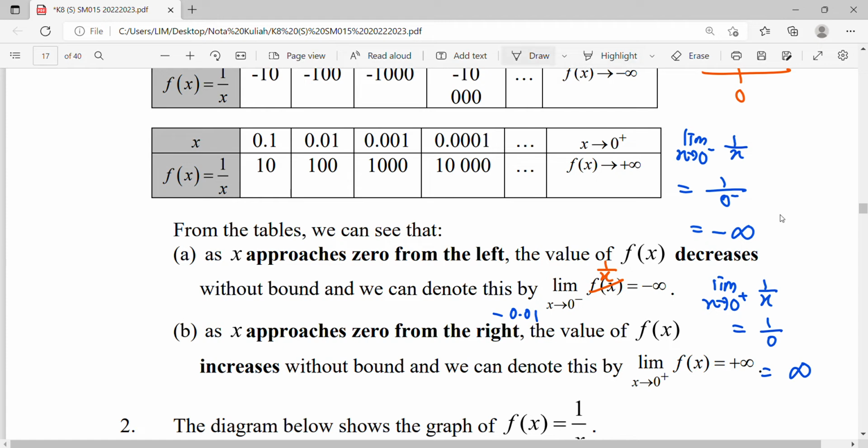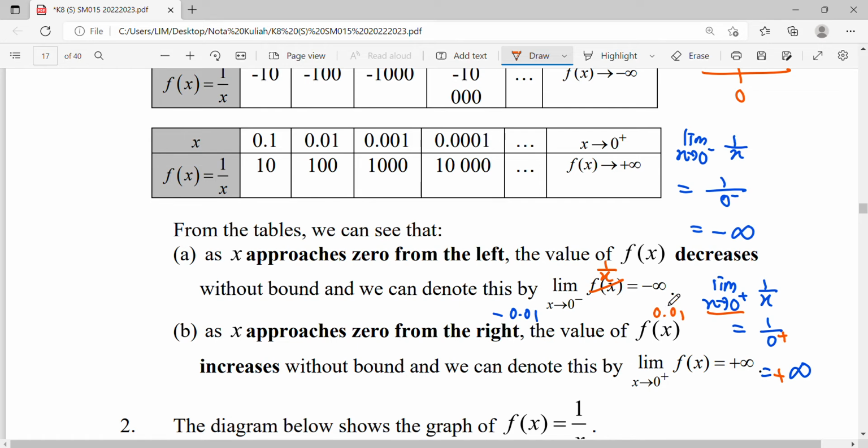Your x here is getting to 0 from the right hand side. So the closest value is 0.01, for example. So this 0 comes from the positive side, giving you a positive over positive operation, which gives positive infinity.